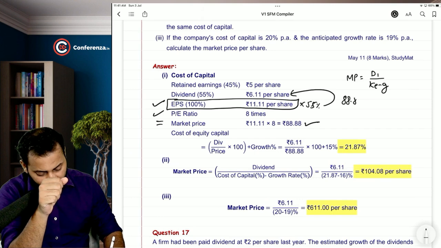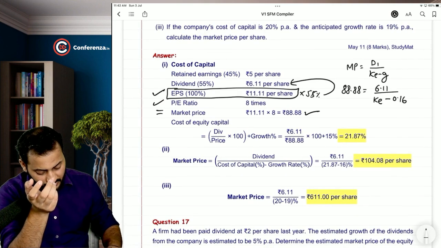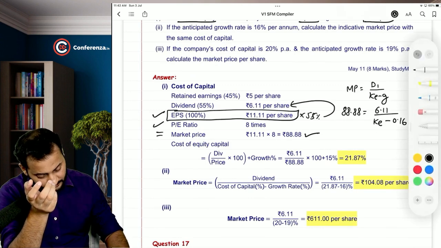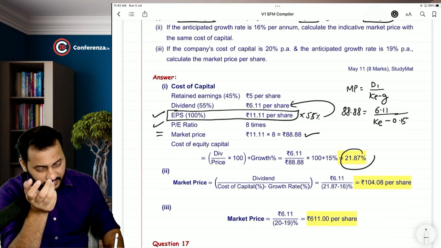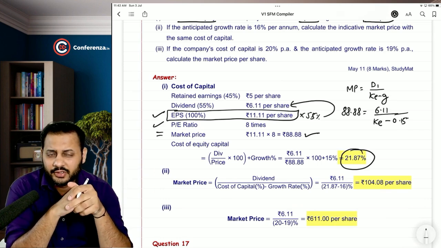Market price we have already calculated, D1 we have calculated, cost of equity is the requirement and the growth rate is 15%. If you solve this equation, the cost of equity will come to 21.87%. Calculation is all okay, you can do it by yourself.